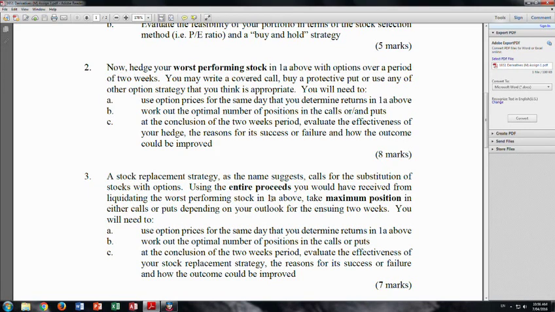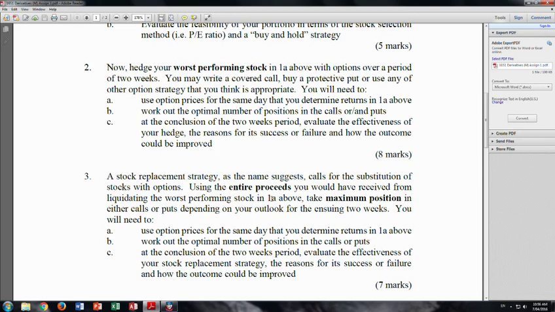So the broad picture for the assignment is this. You are laden with a portfolio from your EVA, good or bad, that is your portfolio, right? So you explain whether that is a good portfolio or bad given that stock selection method, given that buy and hold strategy.